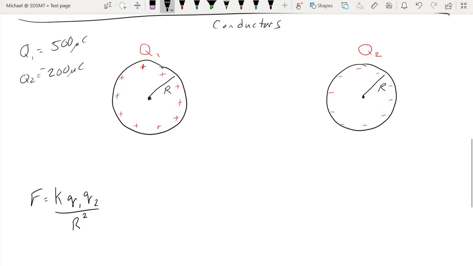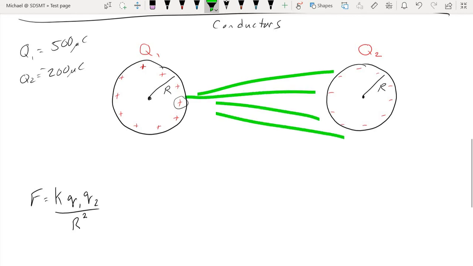So if we were to use Coulomb's law the way that we've been using it, then every individual charge that I have on the first sphere, I would have to consider how it is interacting with every other charge on the second sphere, and then I'd have to move on to the next charge in line, and figure out how it's interacting with every single charge on the second sphere, and that's going to take forever.